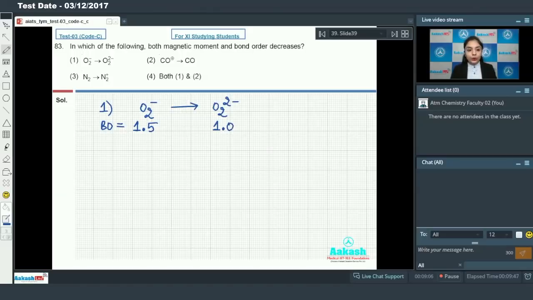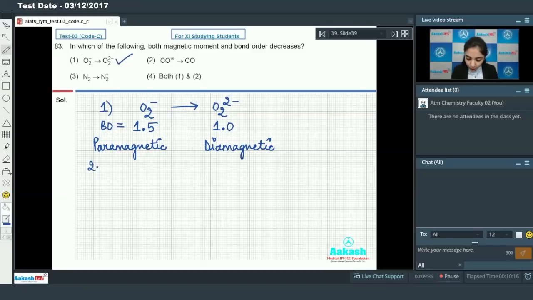So in this case, O2 negative is paramagnetic due to the presence of one unpaired electron in the pi star molecular orbital, and O2 2- is diamagnetic. So here you can see that bond order is decreasing and magnetic moment is also decreasing. So this option is absolutely correct.